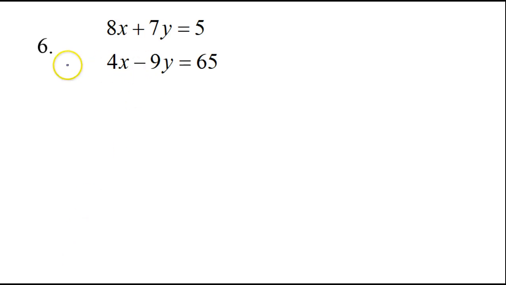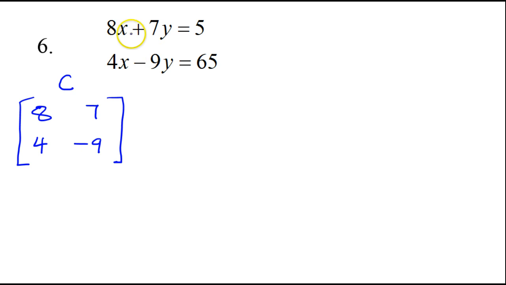Let's start with number 6. It's very easy to convert this into a matrix equation. The coefficients are 8, 7, 4, and -9, over here on the left hand side. So this will be my coefficient matrix, and I will call it matrix C. The variables are x and y, so I will make a 2 by 1 matrix with x and y.